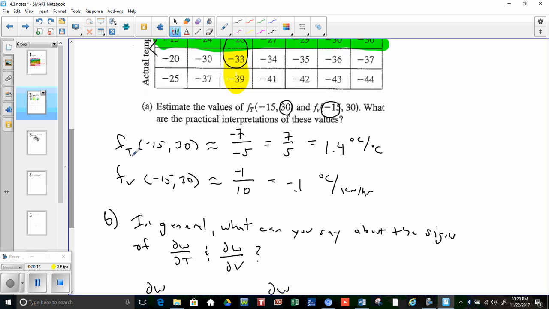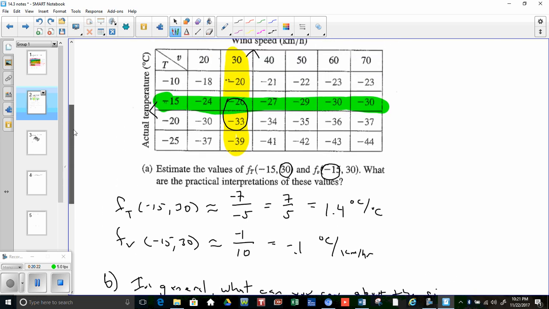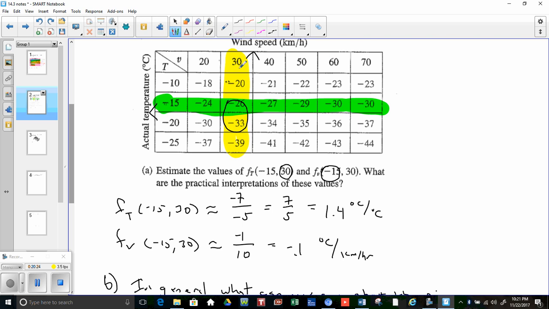This one was the partial with respect to t, and it looks like if we were to hold wind speed constant, for the most part the temperatures here are decreasing. It's going down, going down, going down. Doesn't really matter which one I hold constant. All the temperatures are going down.